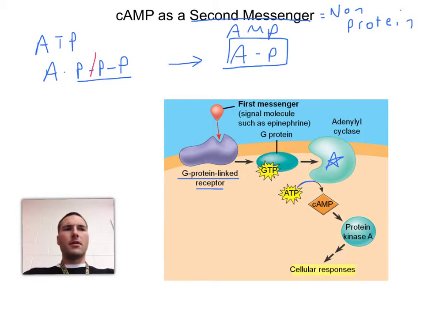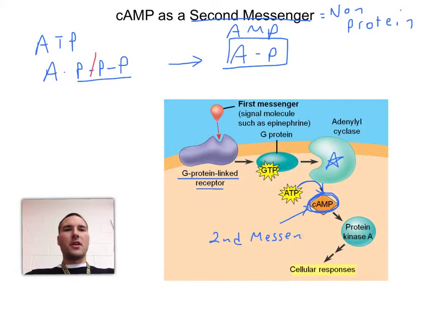It's called adenylyl cyclase, and if ATP hits this activated adenylyl cyclase, it'll produce cyclic AMP. Well, it ends up that cyclic AMP is the relay molecule that can turn on certain protein kinase cascades, phosphorylation cascades.